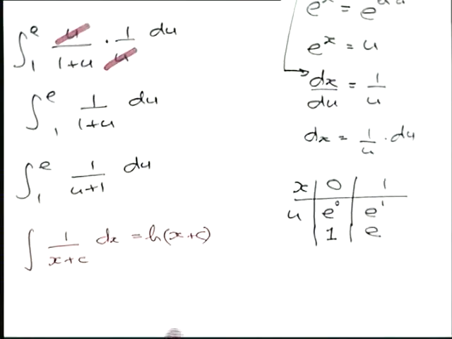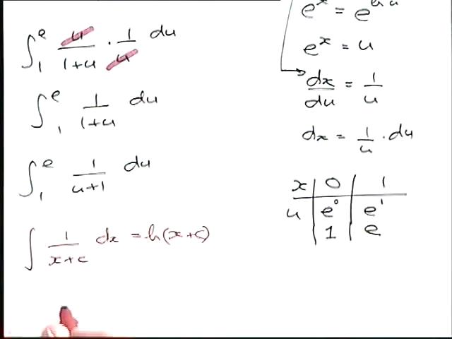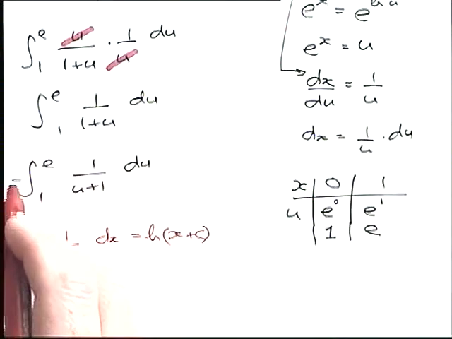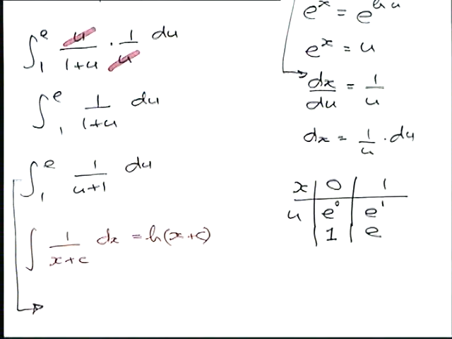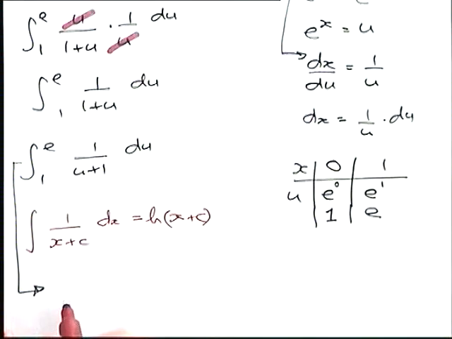So what we're going to get here is, well, what are we going to get from that black line? Using what we've got here. u plus 1. Yep, that's right. So that's what we're going to get when we integrate it.